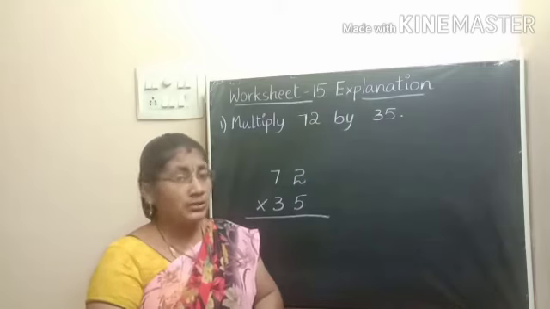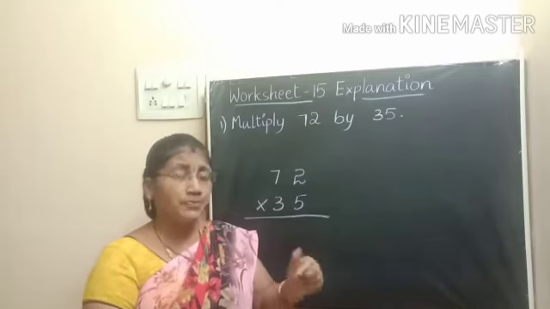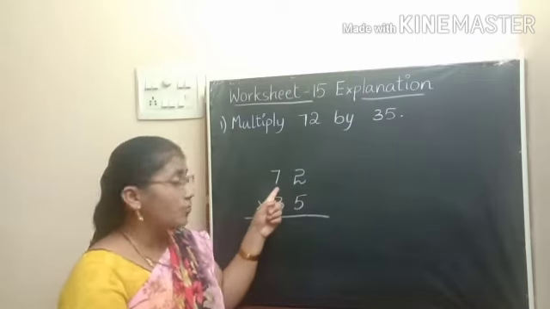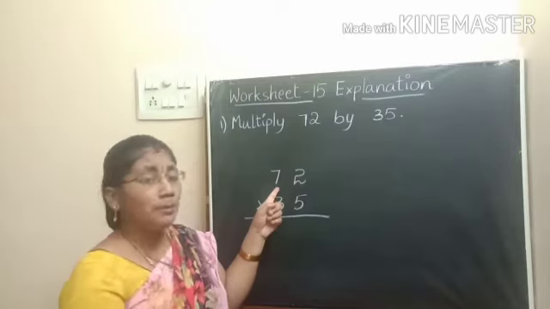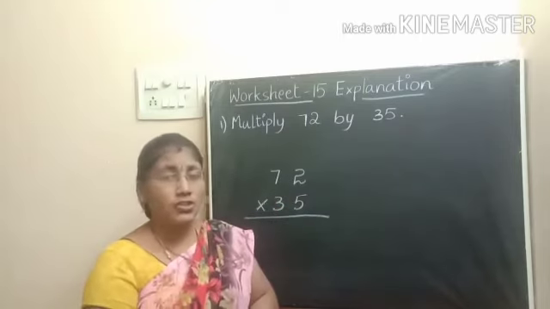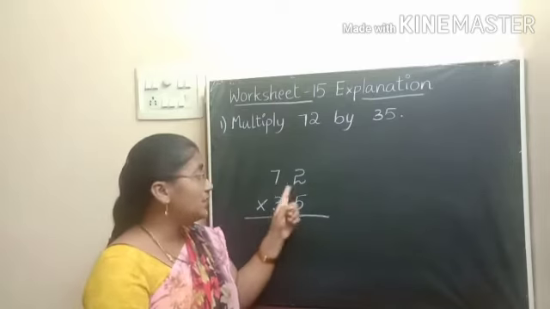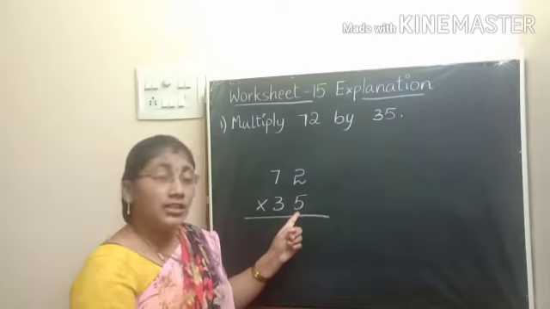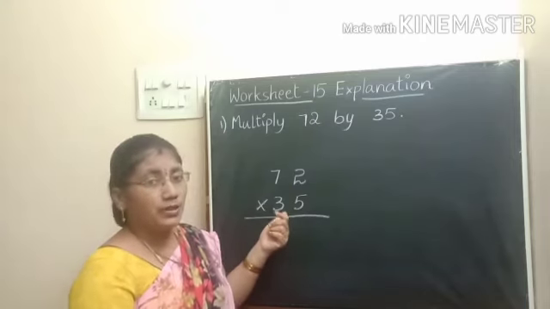While doing multiplication, we should start from ones place, and each and every digit of multiplicand we should multiply with each and every digit of multiplier. Understood, children?